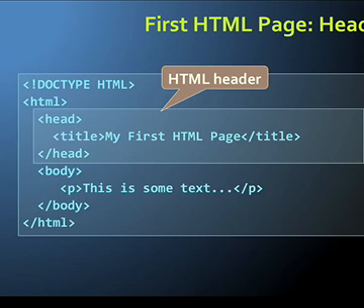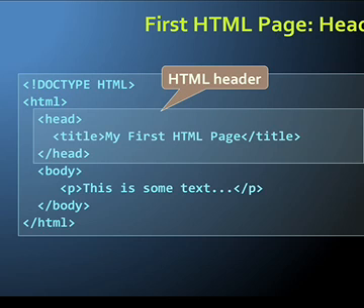Generally in HTML programming, you know that the HTML element is the root element of the HTML page. Next comes the head element, which contains the meta information about the HTML page, and after that the title element specifies a title for the HTML page.